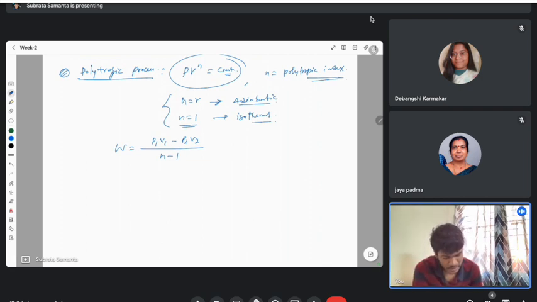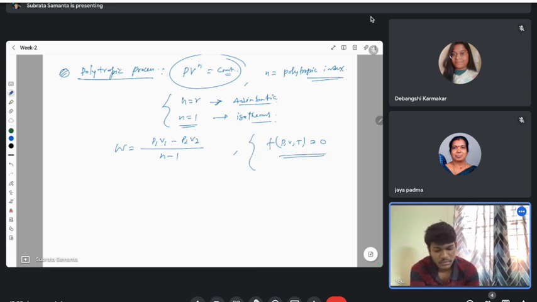You use the ideal gas equation of state, so P and V are related to the temperatures via the equation of state. Then we can calculate the work done for the polytropic process.